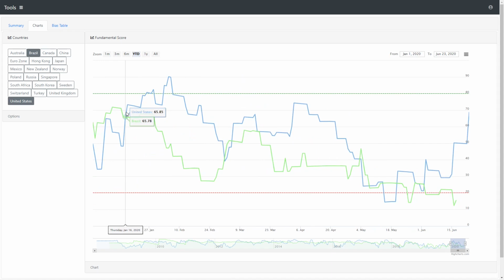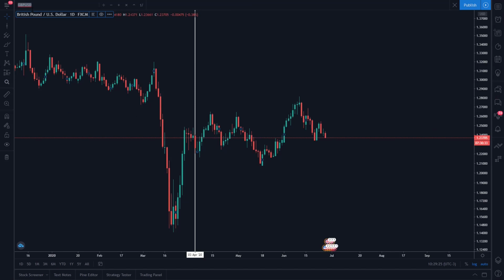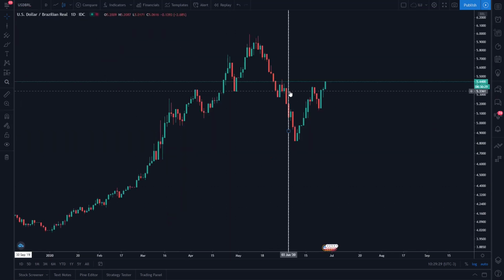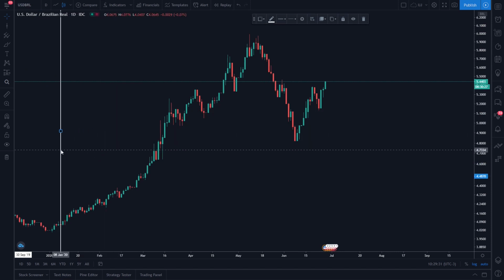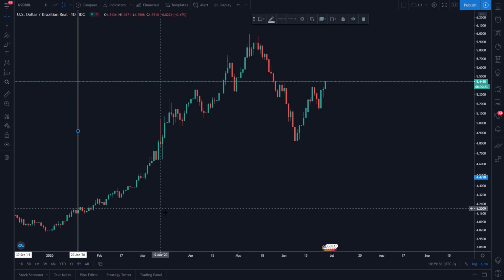On 17th of January, United States going above Brazil. Okay, so as you can see, a perfect trade. This is a lot of pips.